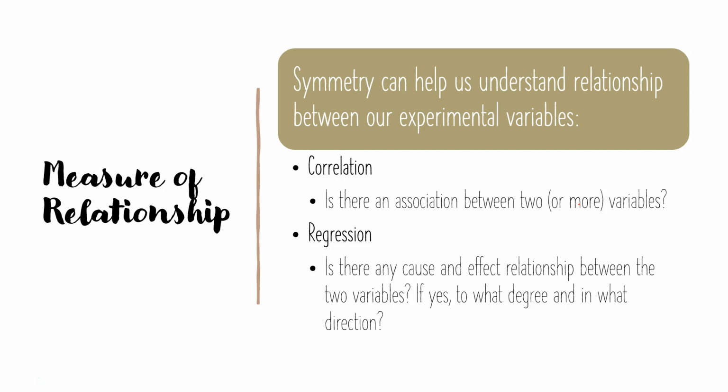So correlation is when we see an association between the two variables that we were looking at. And then regression is going to be where we look at cause and effect relationship between the two variables, whether one was the cause of the effect that we were looking at, and if yes, to what degree and in what direction, positive or negative correlation.